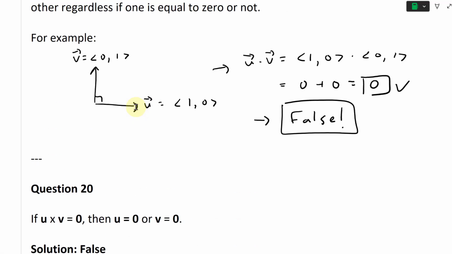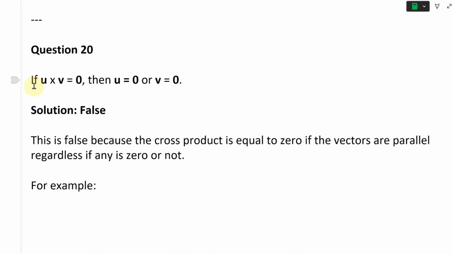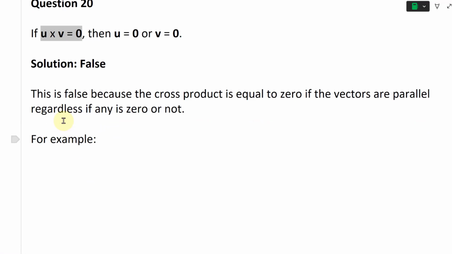Now let's take a look at question 20, and this one states, if u cross v equals the 0 vector, then u equals the 0 vector or v is equal to the 0 vector. Again, this solution is false, because if the cross product is 0, that just means the vectors are parallel to each other. The cross product is equal to 0 if the vectors are parallel, regardless of whether any is 0 or not.